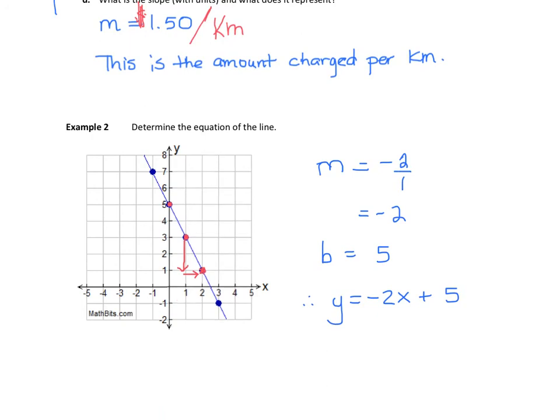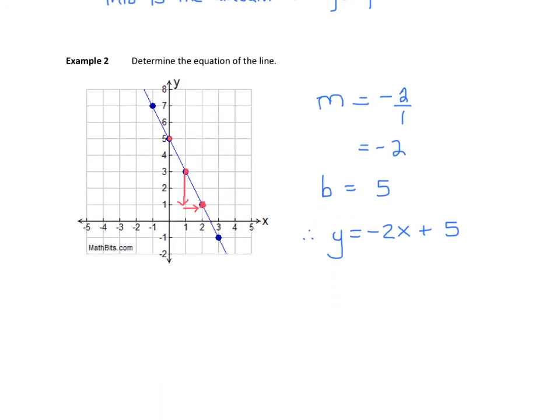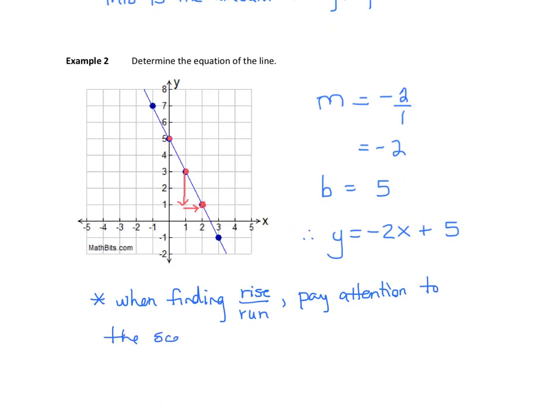Okay, one other thing I wanted to note just before we finish up here is when you are using a graph to find the slope, so when you are using rise over run, you need to pay close attention to the scale on each axis. So let's make a note of that. When finding rise over run, pay attention to the scale on each axis.